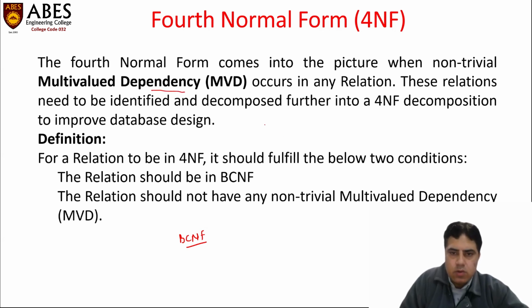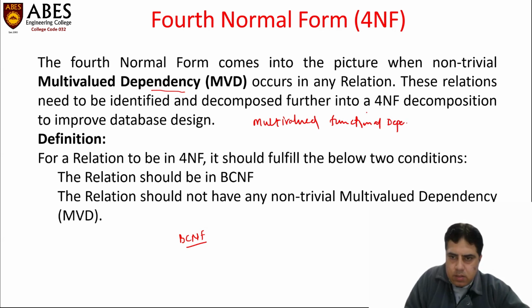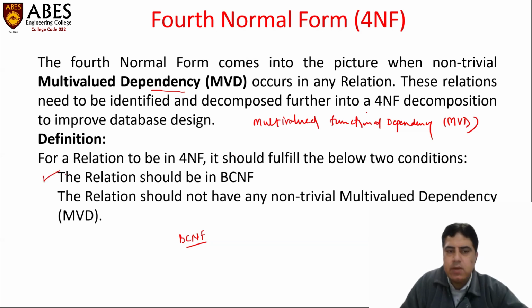This is also called multi-valued functional dependency, MVD. So, the formal definition of 4NF is: a relation is said to be in 4NF if and only if the relation should be in BCNF and the relation should not have any multi-valued dependency in the table.